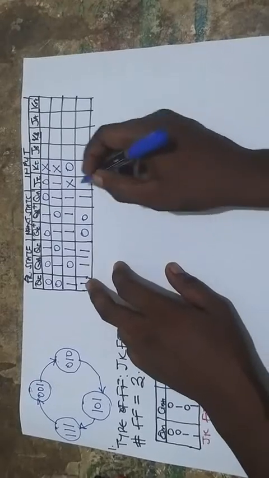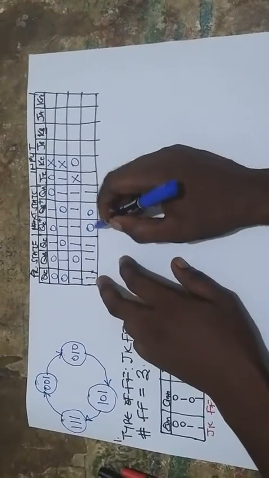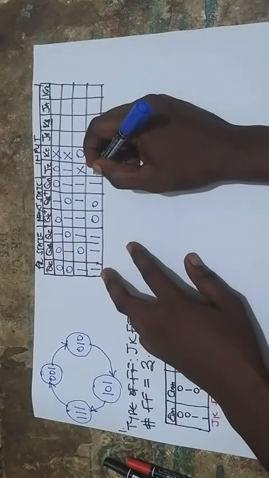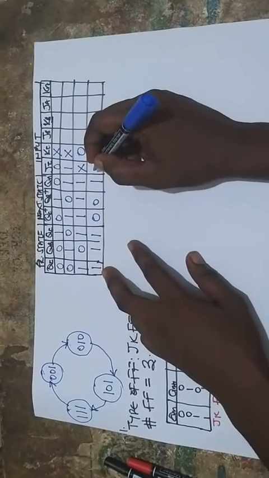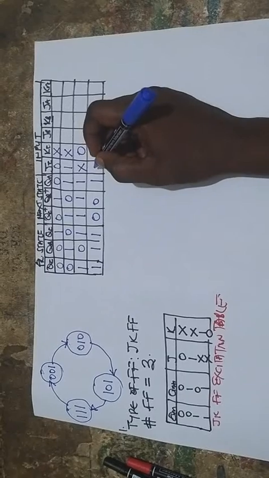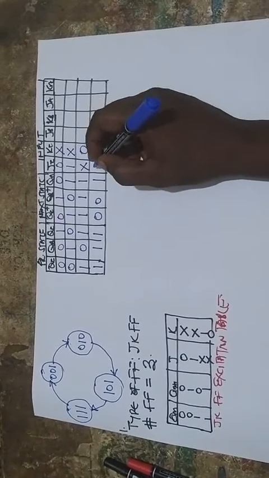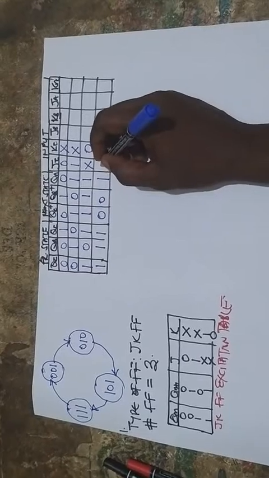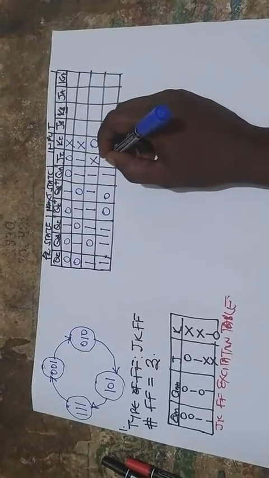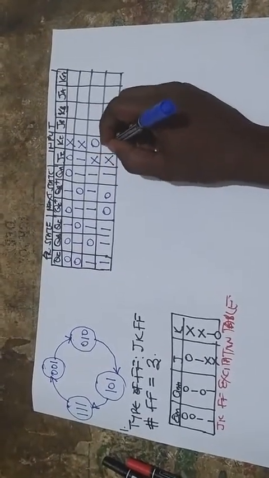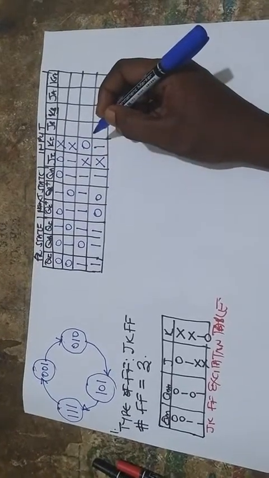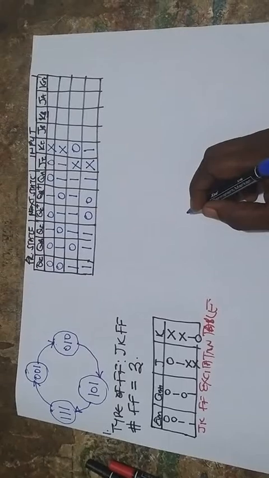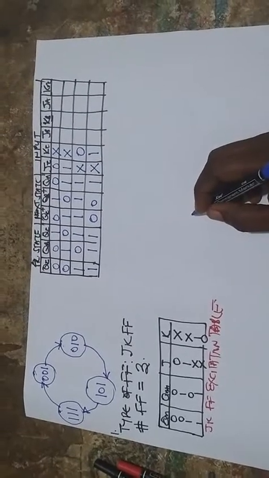And then here too we have 10, which will give us don't care 1. So that is for our KC.